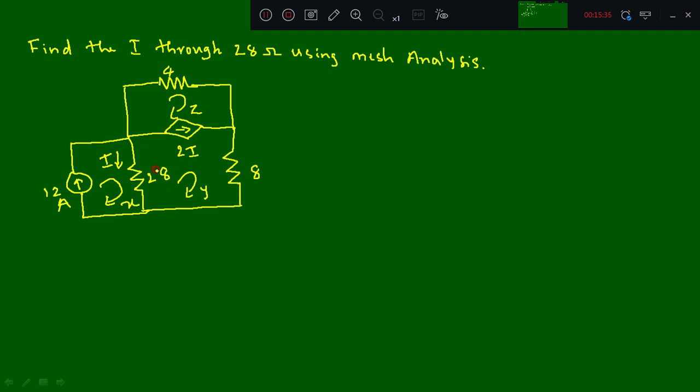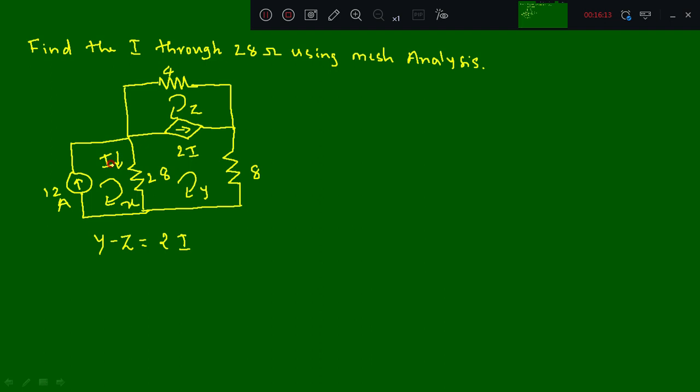So you can check that the current source is between the two loops, and you can also say that Y minus Z, because Z is in opposite direction to Y. So first I will take it as Y minus Z is equal to the current source as 2 into I. But what is I flowing?